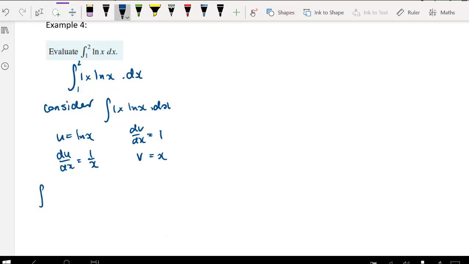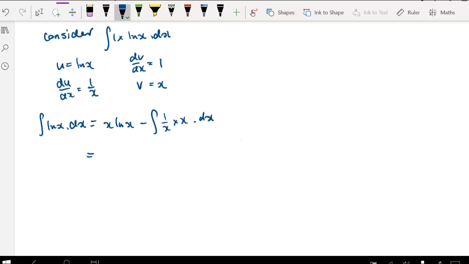So the integral of ln x dx is equal to uv, which is x ln x, subtract the integral of v du dx, which is 1 on x times x dx. So that means we're looking at x ln x, subtract the integral of 1 with respect to x, which is x ln x take x plus c.